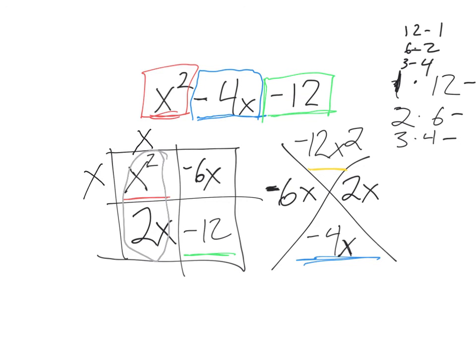Now, I want to think, what times x gives me 2x? 2. What times x gives me negative 6x? Negative 6. Now, I think, does 2 times negative 6 equal negative 12? Yes. And so then I get x plus 2 times x minus 6.